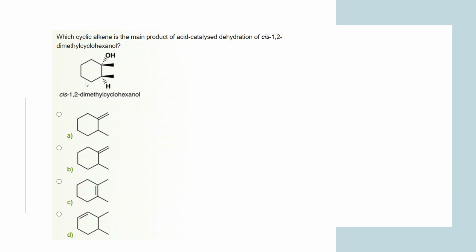And then we came to another reaction on acid catalyzed dehydration of cis-1,2-dimethylcyclohexanol, and we saw that when it came to di, tri, and tetra substituted alkenes formation, we preferably formed the tetra substituted alkene as the major product in case of acid catalyzed dehydration.